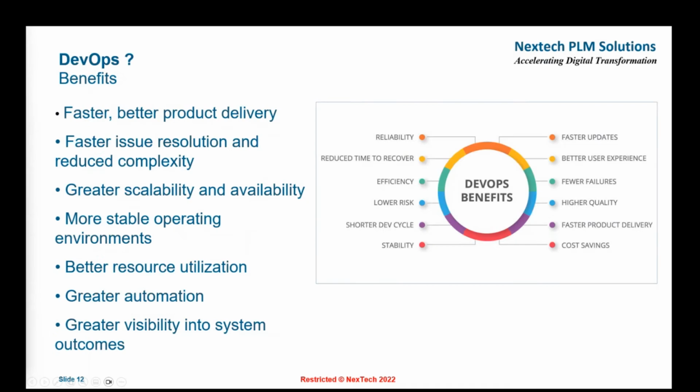So coming back to DevOps again, the benefits. Faster and better product. We know faster and more frequent delivery of updates and features not only satisfies the customer, but also helps to build confidence in the product. Then stabilized environments.